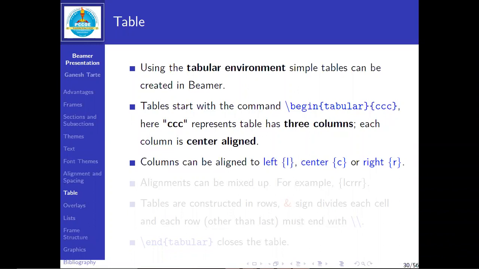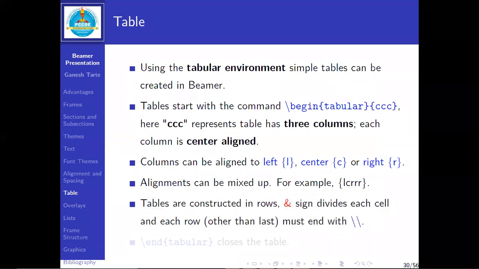Columns can be aligned left, center, or right, so instead of C, we just use either L, R, or C, whatever you want. We can use mixed alignment too for tables. For example, here in the curly bracket we have L, C, R, R, R, meaning the elements in the first column are left aligned, the elements in the second column are centrally aligned, and afterwards all the elements from the last 3 are right aligned.